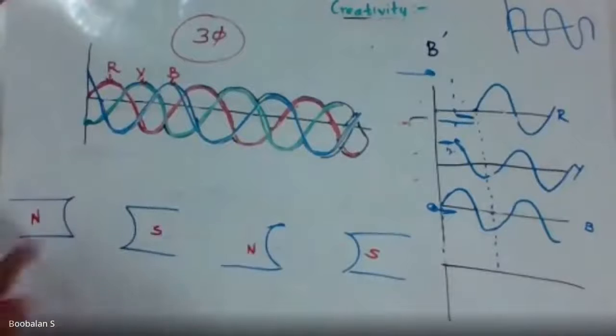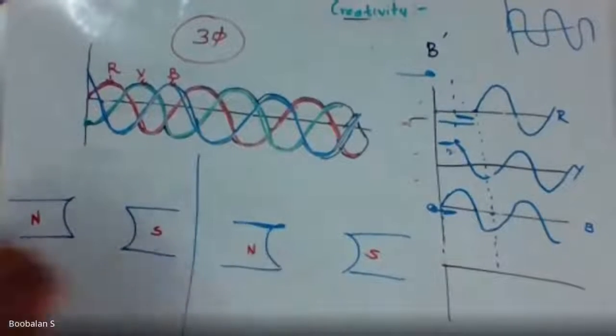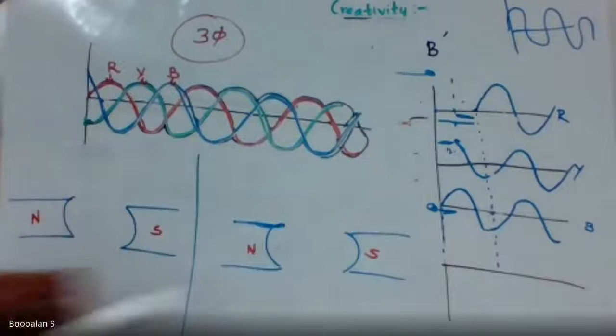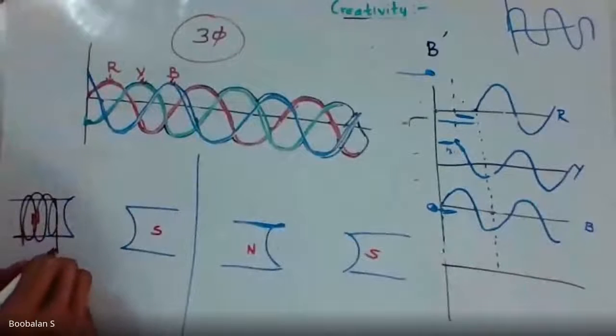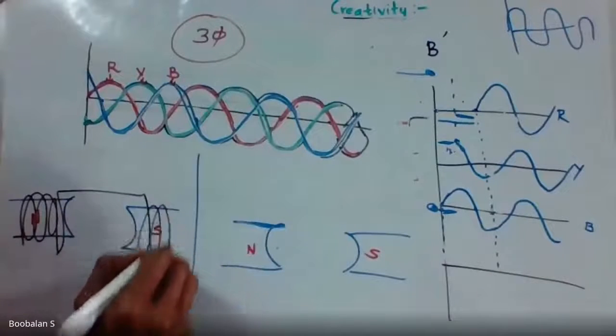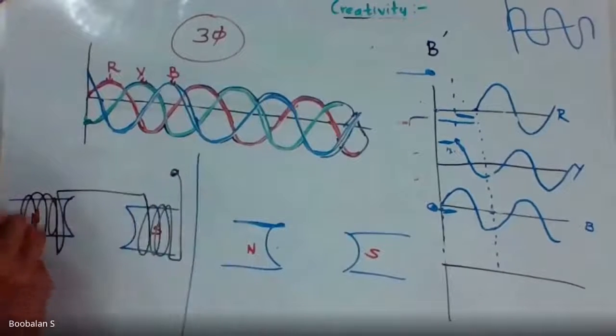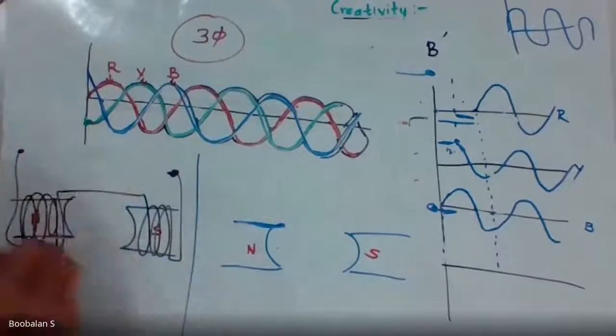And then what we have done in a generator, right? So in the generator, we have given a power supply to this coil, right? So we have given a power supply and we make it an electromagnet, right?